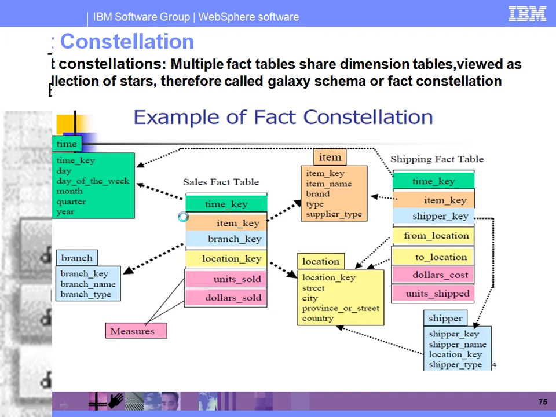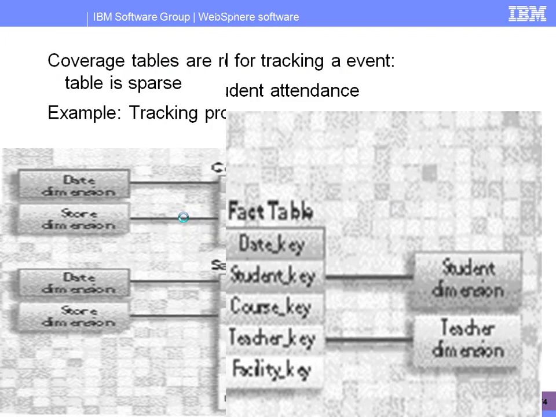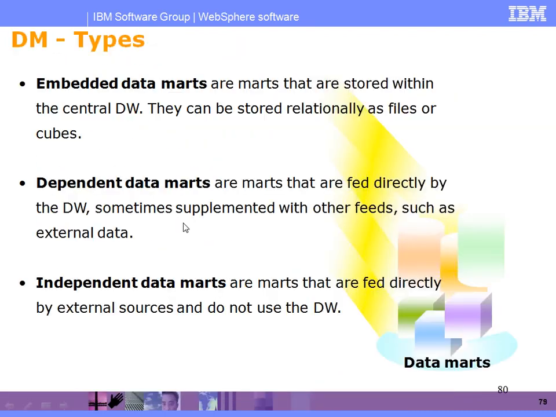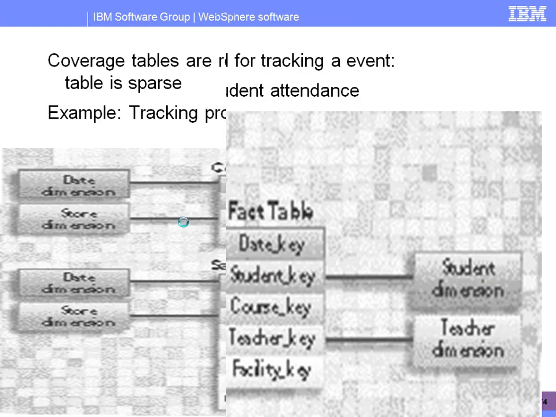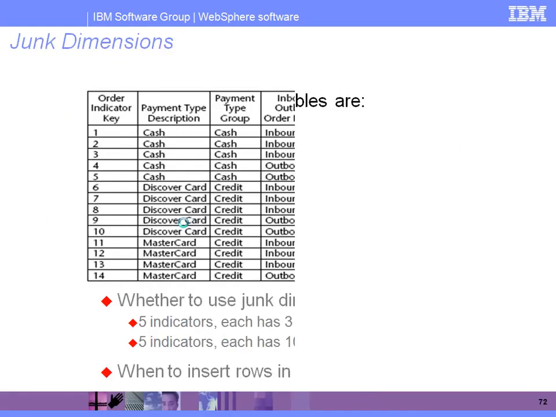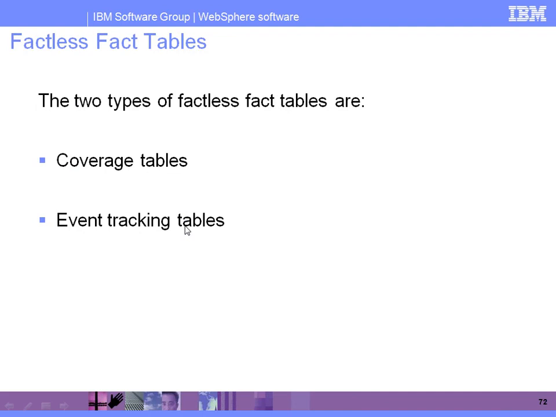Now we'll go through the different types of fact tables present in our warehouse and the use of those fact tables. First, let me start with a simple fact table. There are totally four types of fact tables.